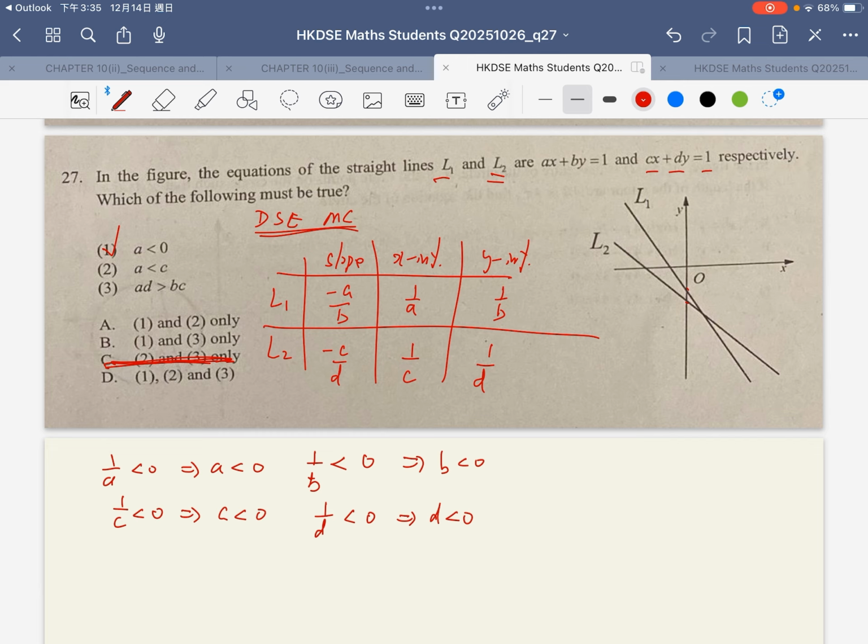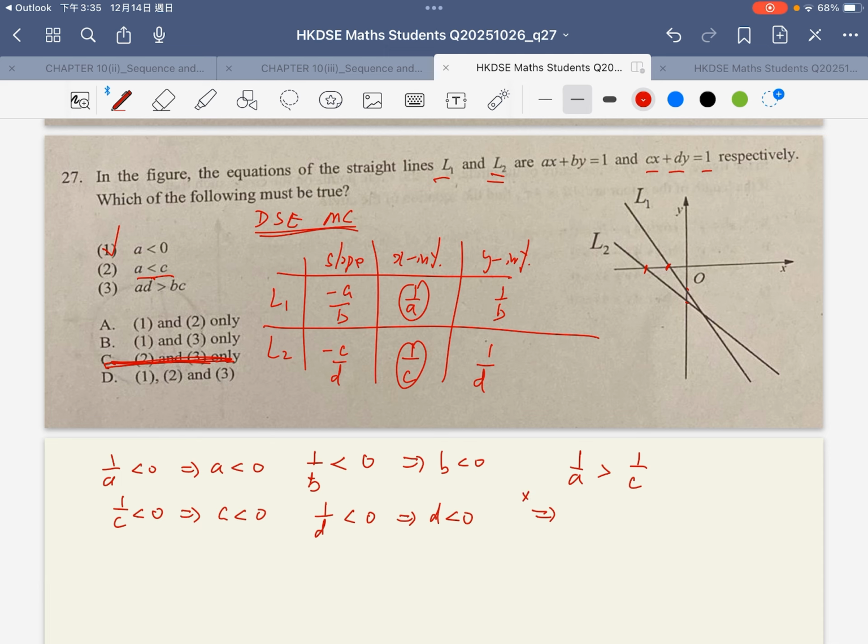And for A and C, which one is larger, or you can say which one is smaller? Of course, you can compare the x-intercepts of these two. Of course, L1 is greater than L2, the x-intercept.